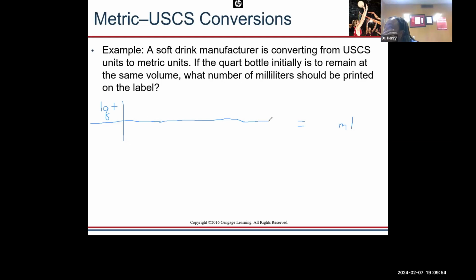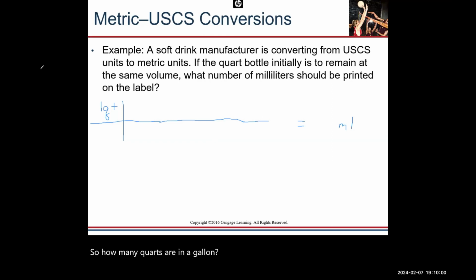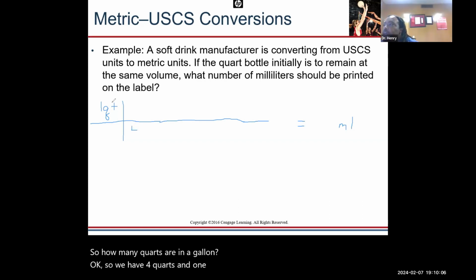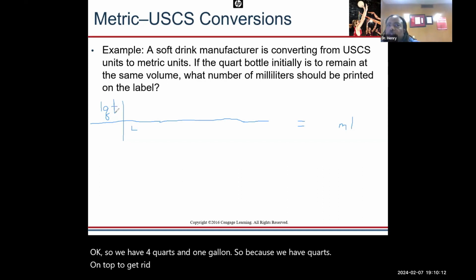So how many quarts are in a gallon? There's 4 quarts in 1 gallon. Okay, so we have 4 quarts in 1 gallon. Because we have quarts on top, to get rid of quarts, we want to put quarts on the bottom.